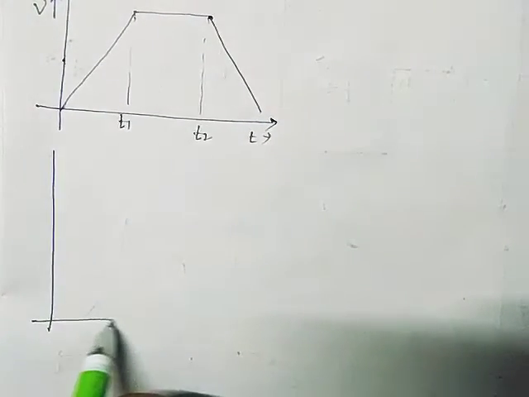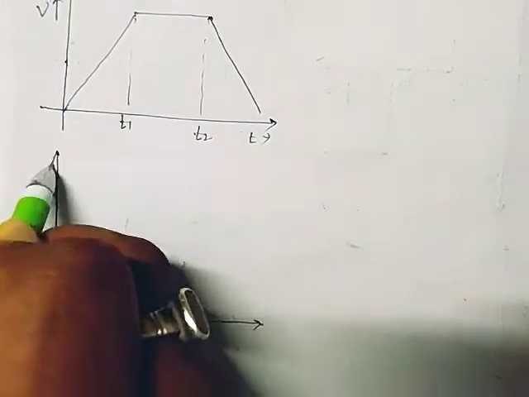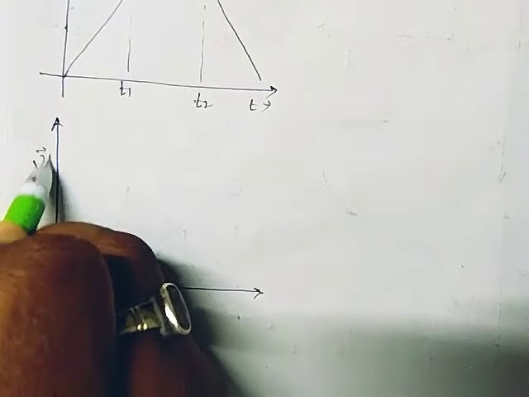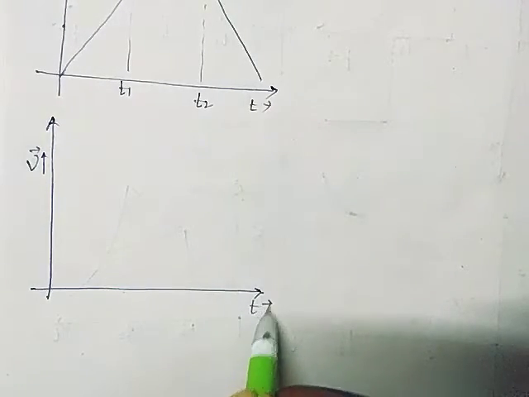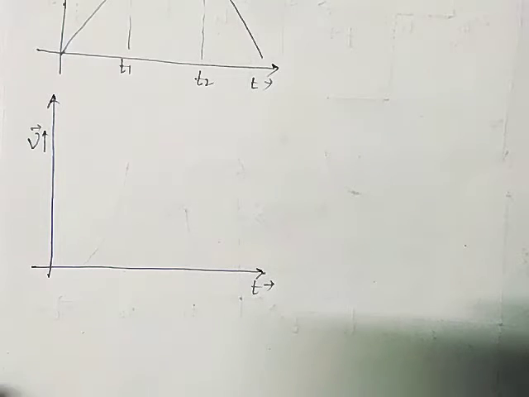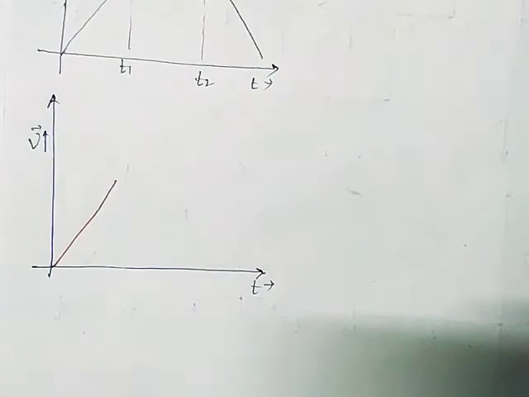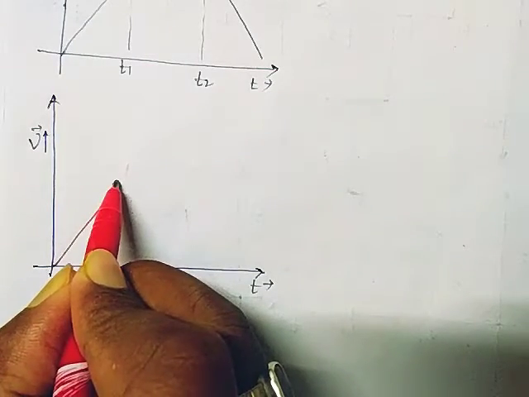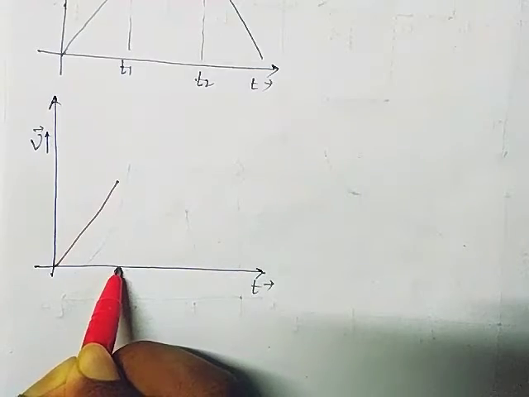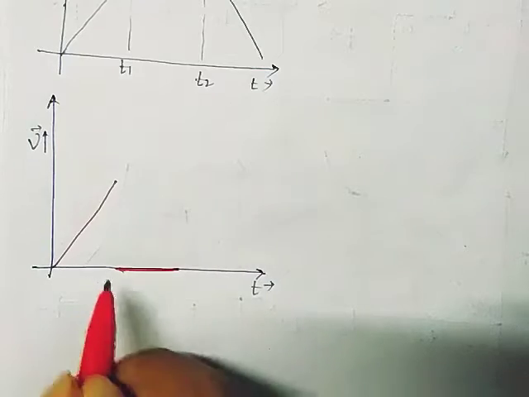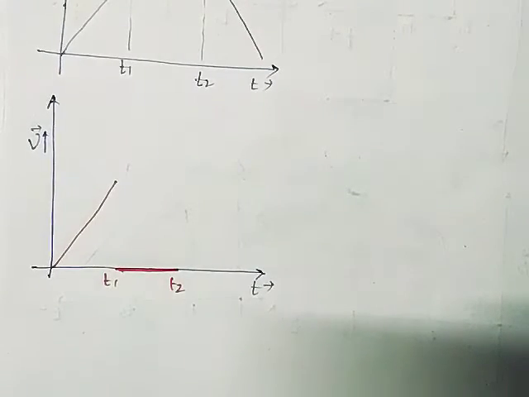If I say this is representing the velocity and this is the time, okay, now the velocity is increasing. After that the velocity becomes 0. Let us say it is t1 and it is t2.